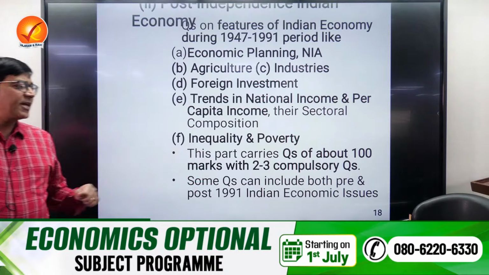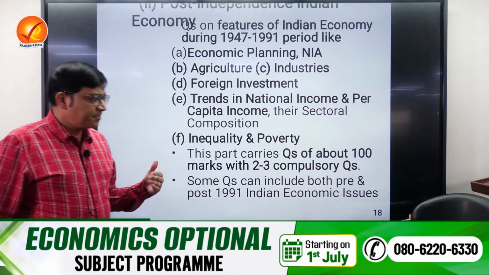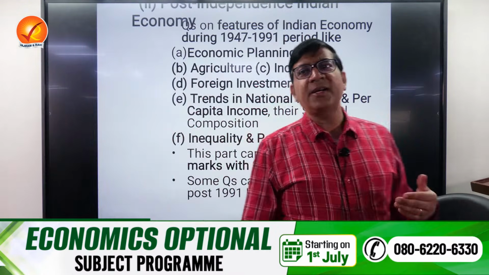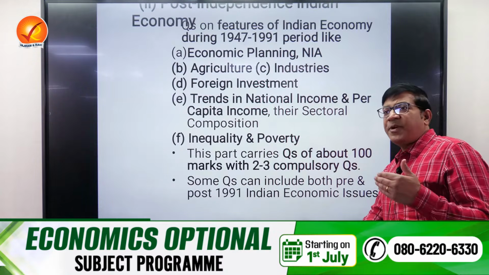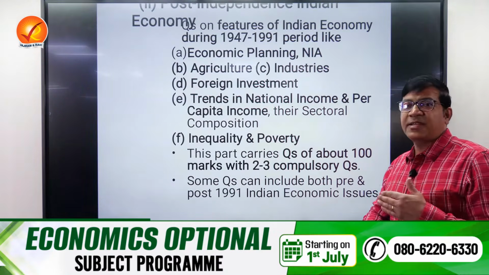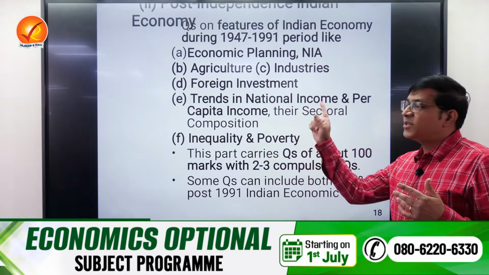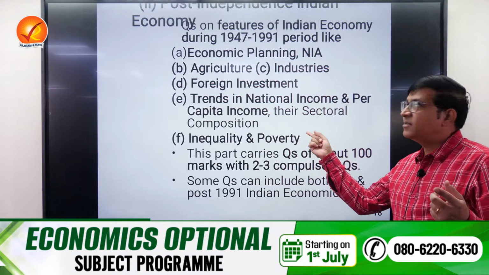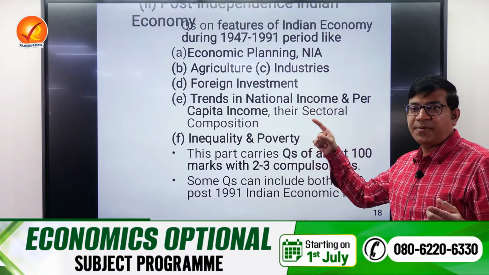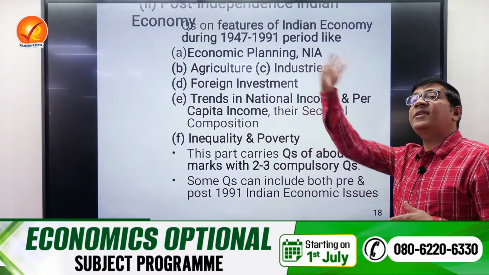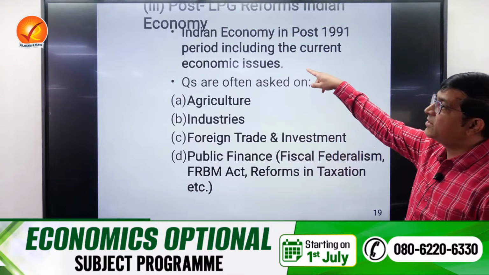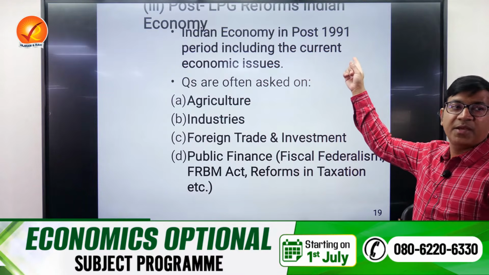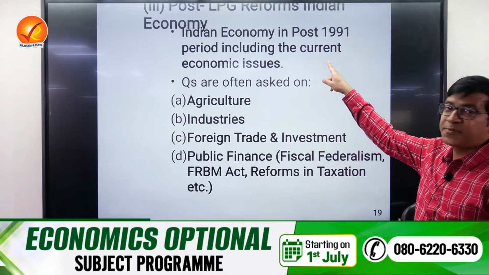So again, just like I was giving you a common pattern of questions in paper 1, here in paper 2, generally the first section is based on these two parts, economic history and post independence pre 91, and then the entire section B, which is the remaining 50%, is connected with post 91. This is the biggest part of paper 2.